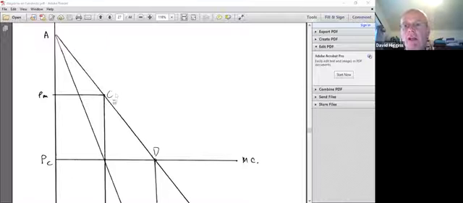Now with first degree price discrimination, what the monopolist does is charge each consumer the maximum price that they are willing to pay. So if we look where the demand curve intercepts the price axis, there are people along here who will be prepared to pay a much higher price than PM or PC.